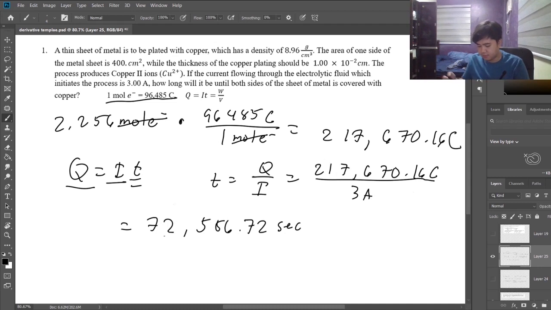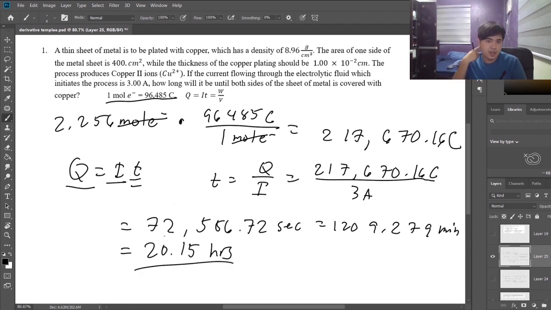In minutes, that would be 1209.279 minutes. In hours, it's still too big, so in hours this would be 20.15 hours. That is the answer. Usually you want a nice number, so hours would be better, but it depends on what the question is asking, of course.